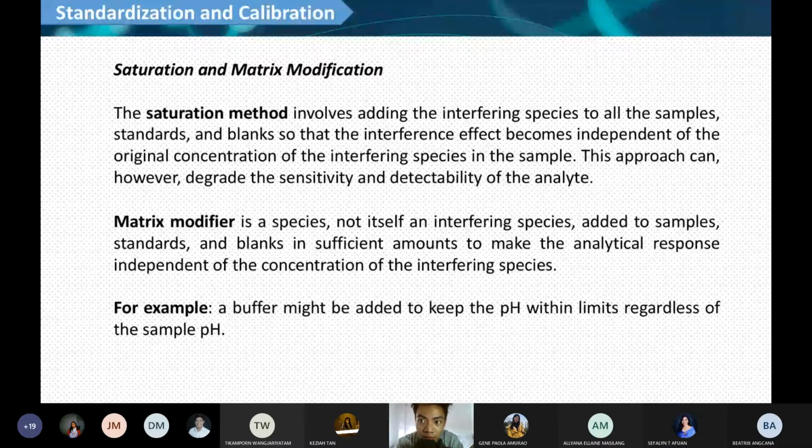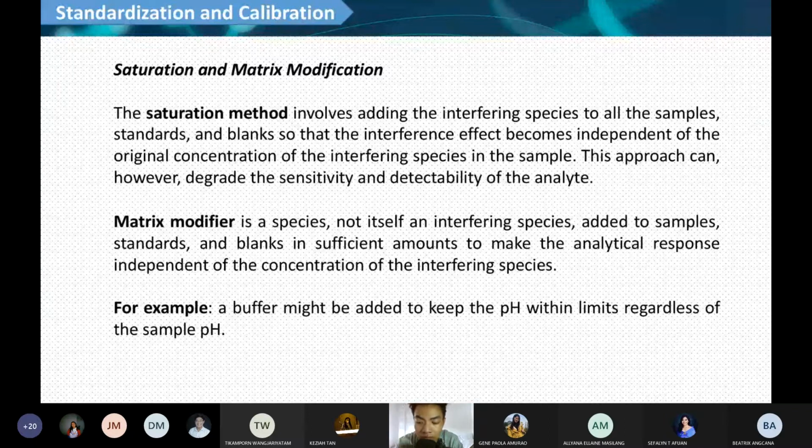You may want to reduce the amount of water by boiling the water off. When you boil off the water, the volume of the solution will decrease, and as a consequence, the concentration of your solute will increase. And that's saturation of your solution.